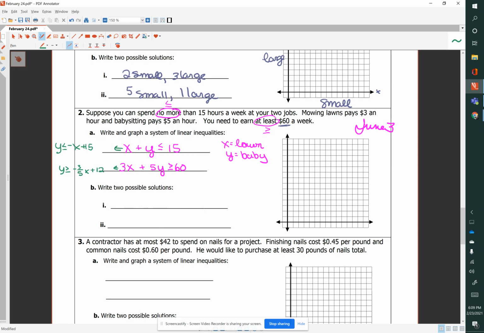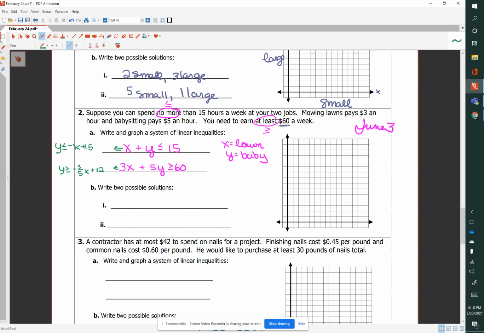Now, how do we get the 12? Well, when we divided by 5, we moved 3x over, we divided by 5, 60 divided by 5 is 12. That's how we got the 12. We simplified the fractions. We keep in proper fractions, but we do simplify them as much as possible. We don't make them into mixed numbers.